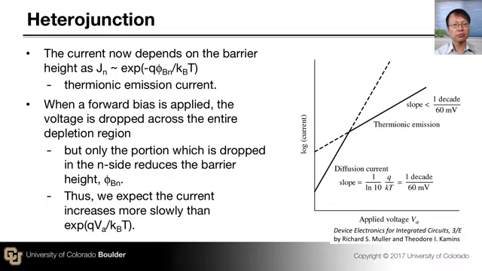And so therefore that produces a different voltage dependence than the diffusion current case, in which case the entire applied voltage affects the current. So if you plot the current as a function of voltage in a semi-log plot as shown here, diffusion current and the thermionic emission current have two different slopes arising from this different factor inside your exponential function, and therefore they become dominant at different ranges of your applied forward bias.